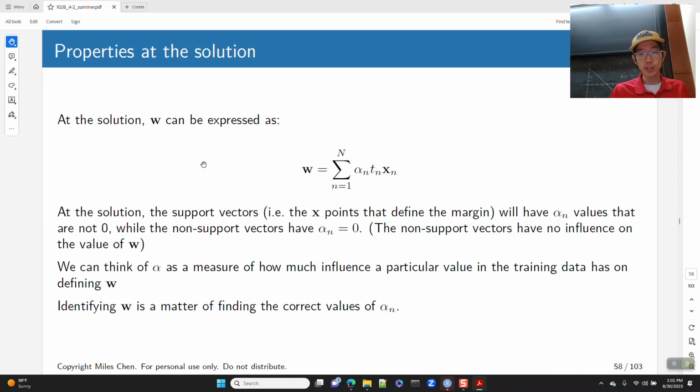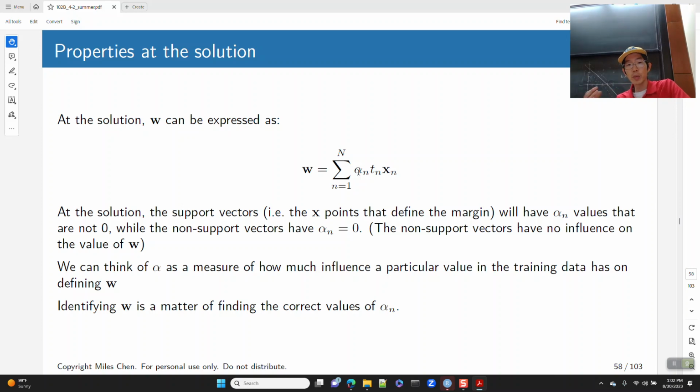So at the solution, the support vectors, the X points that define the margin, will have alphas that aren't 0, whereas everything else, which doesn't really influence where that margin is, will have alphas equal to 0. So you can see that the W that results will be basically the sum of the x points that define this margin, either multiplied by a plus t or a minus t, and then multiplied by some constant alpha.